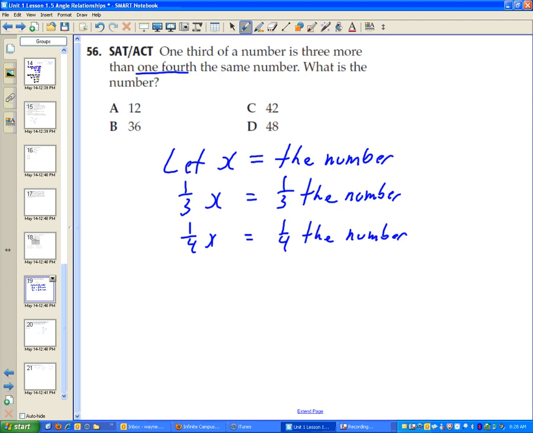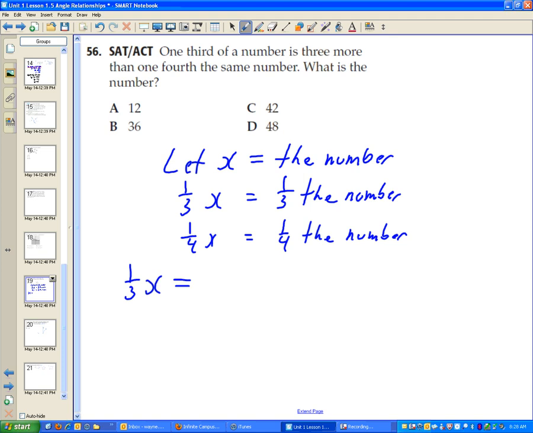All right, so our unknowns were the number, 1/3 of that number, and 1/4 of that number. Now let's make our equation. So 1/3 of a number is 3 more than.